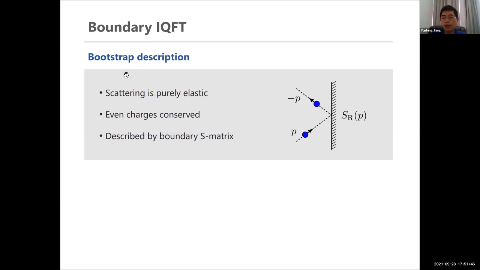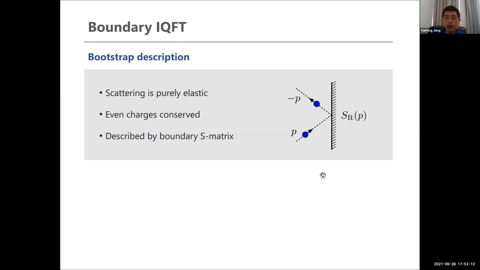So in the bulk, these particles just scatter among themselves, and this scattering process is described by the bulk S matrix. Now, if you have a boundary, there's an additional possibility. You can take a particle, and the particle will hit this wall and get scattered back. So this is the scattering of a particle against the boundary.